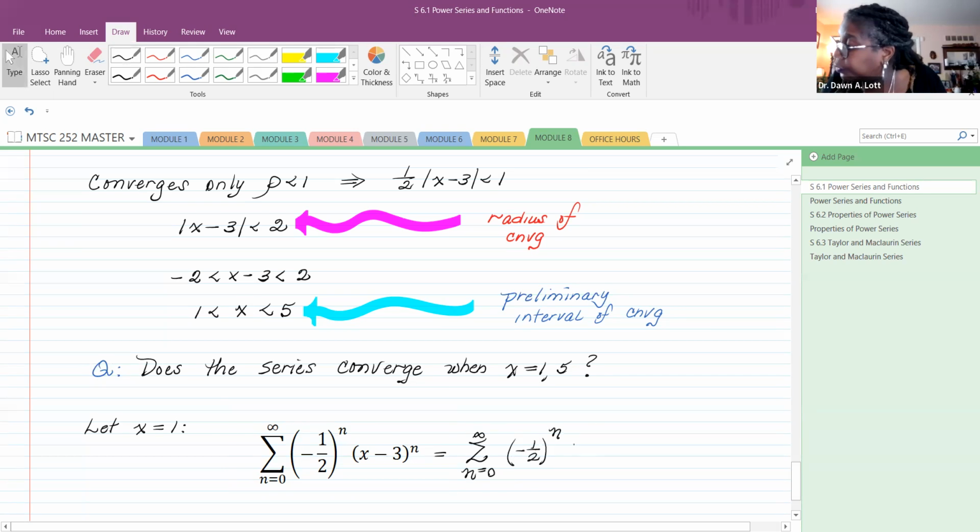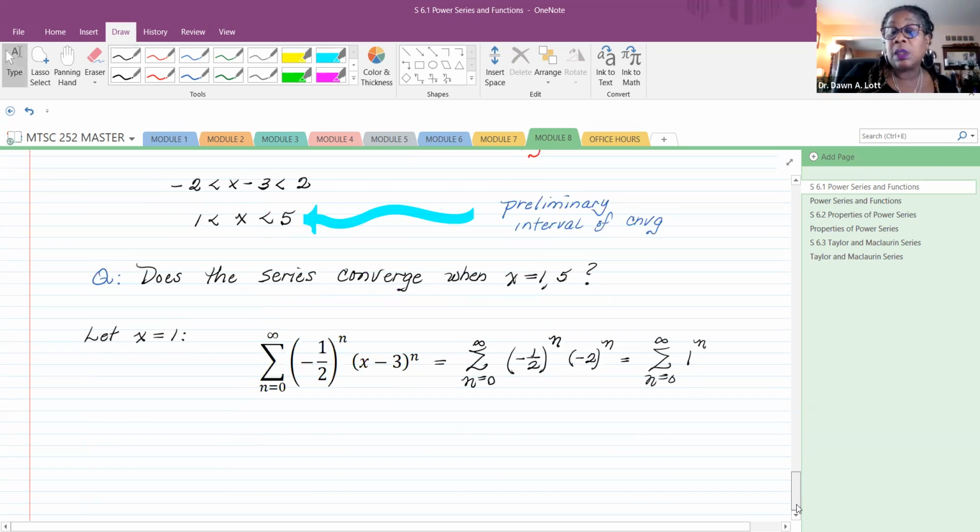I'm going to put 1 in for x, so I get -2 to the n. When I take -1/2 and multiply it by -2, I just get 1. So this looks like 1 to the n.